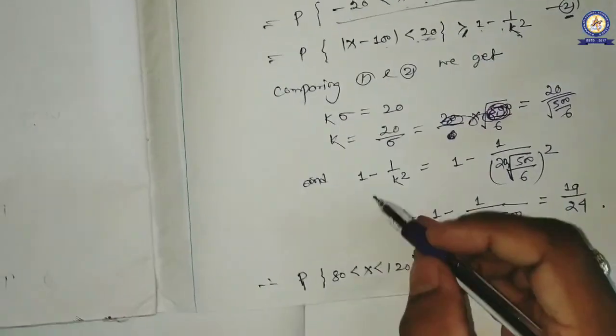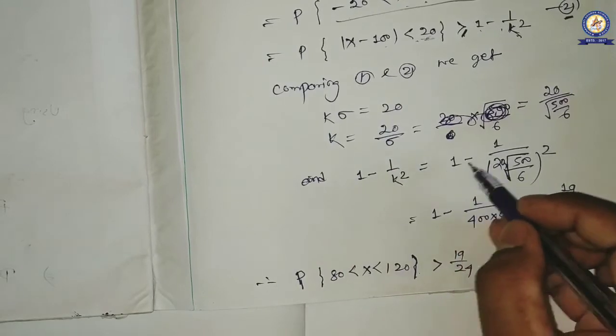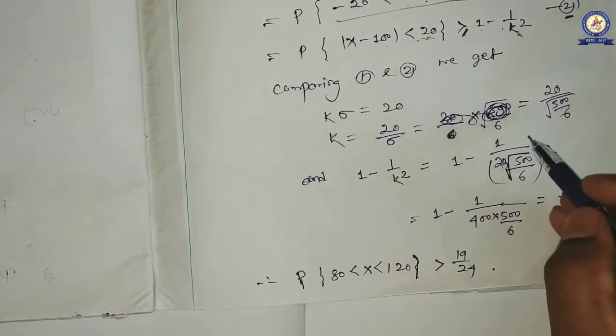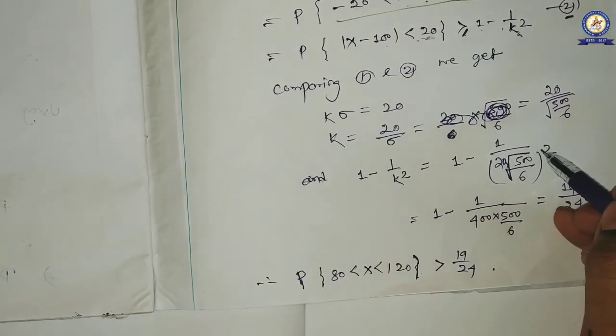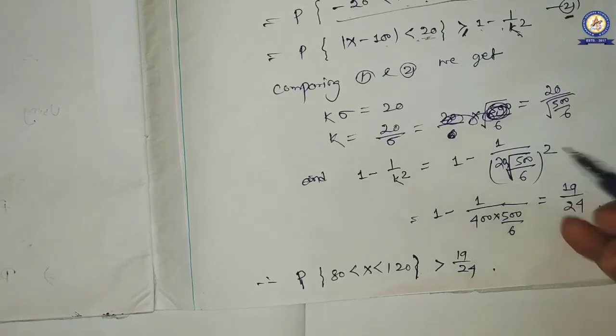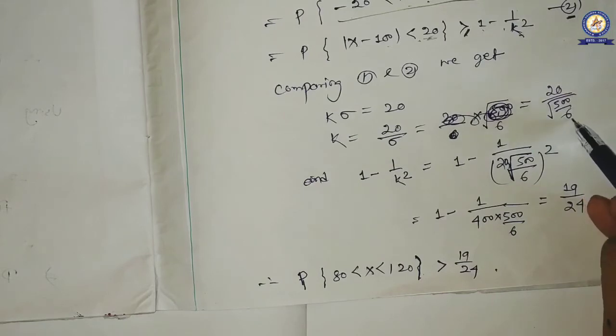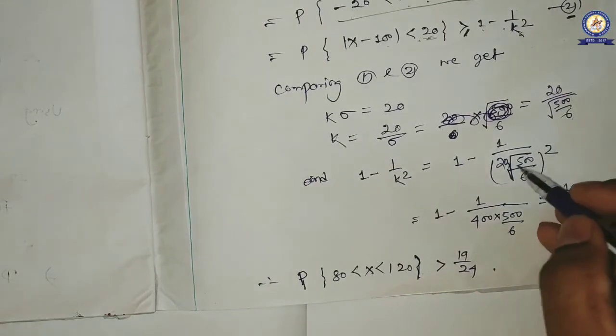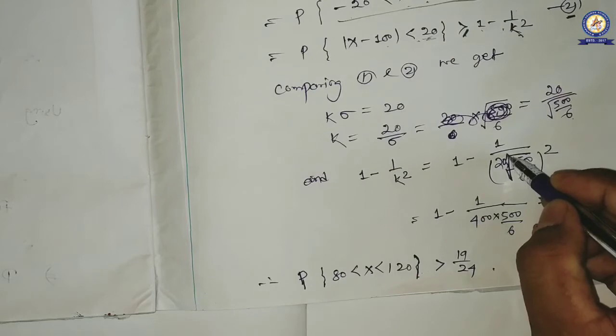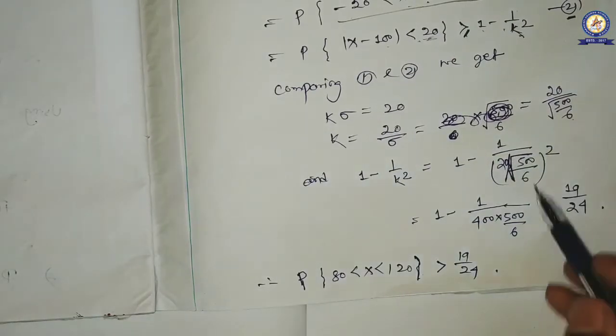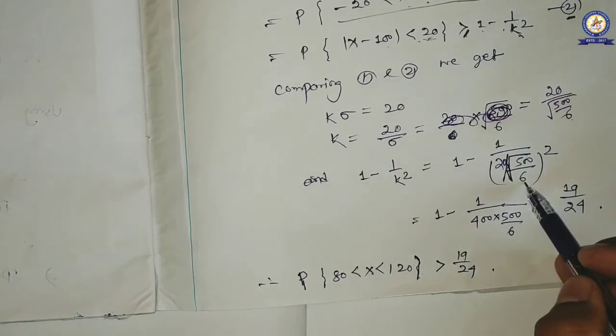So hence 1 minus 1 by k square will be 1 minus 1 by, k is 20 by root of 500 by 6, whole square.